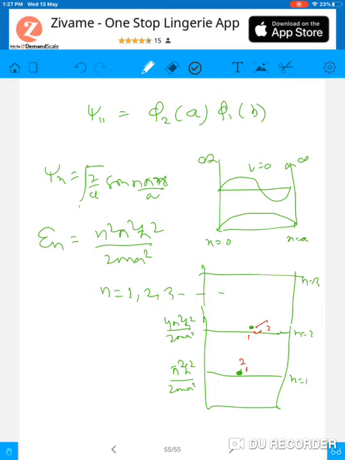So I got two different scenarios, two wave functions, one for the symmetric case and one for the antisymmetric case.